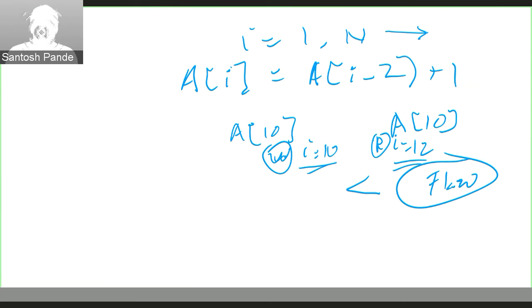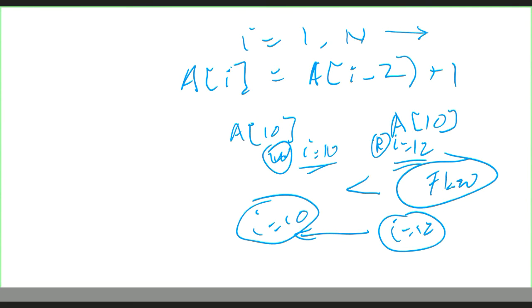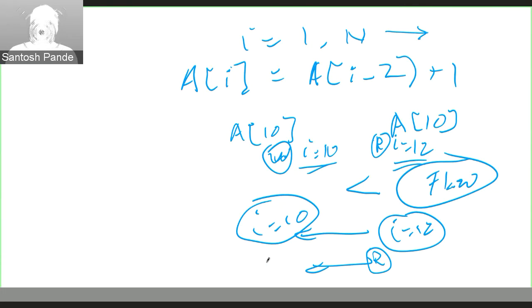Now, of course, this is a loop carried flow dependence. If we reverse the direction of the loop, then what iteration will occur before which one? We'll have I equal to 12 occur before I equal to 10. And so what will happen is we'll do the read first, and then we'll do the write, and because of that this will become an anti-dependence.